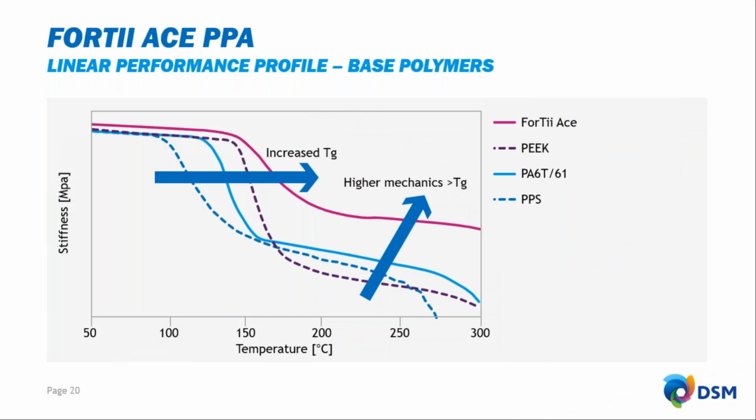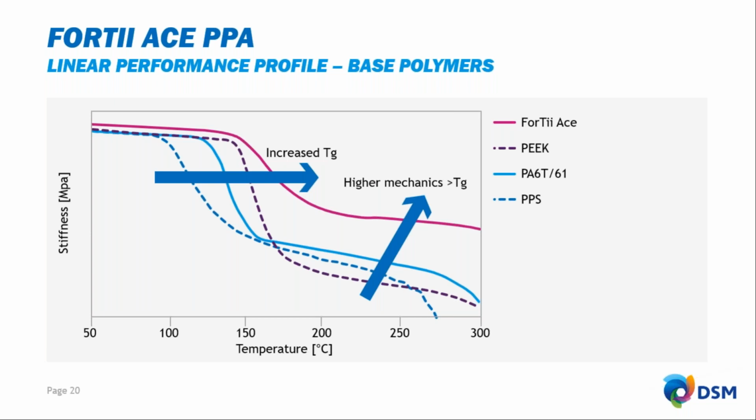comparing that data to existing PPAs on the marketplace and PPS in the market for rod guides. But our 4T ACE PPA, this is looking from a base polymer perspective, and you'll see that pink line there, or the pink graph, is the 4T ACE PPA.